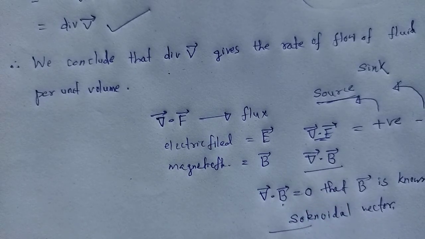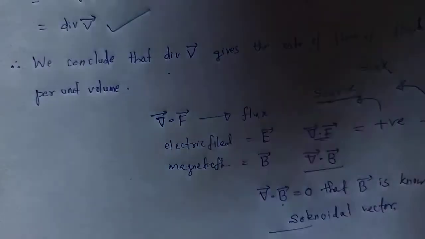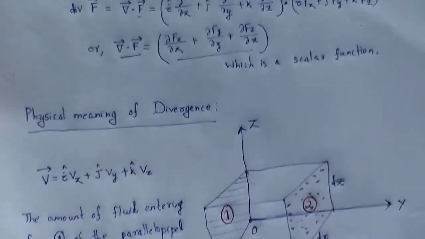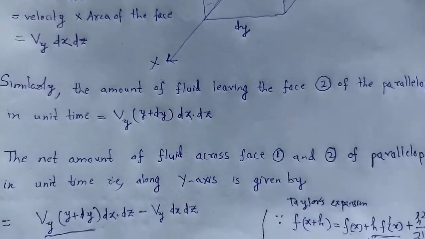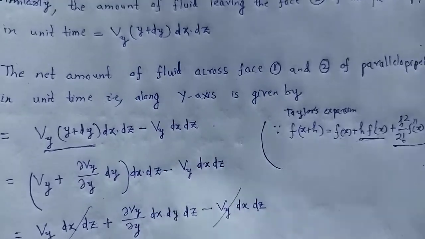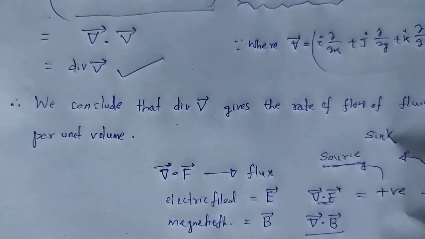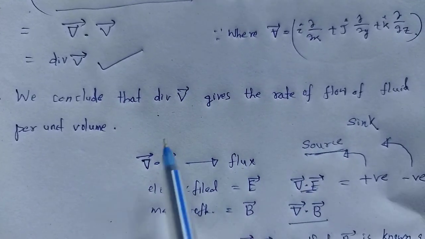There will be no such change. So in this particular video, we discussed the concepts related to divergence of a vector and its physical significance in physics or in day to day life or physical phenomena. The divergence gives the rate of flow of a fluid per unit volume.